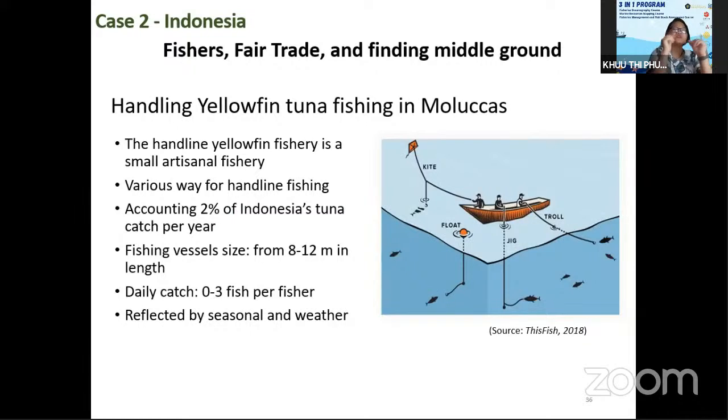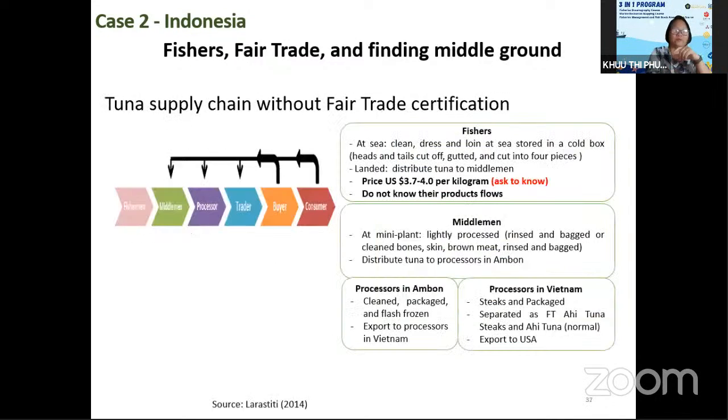Fishing vessels are 8 to 12 meters in length, with a daily catch of zero to 3 fish per fisher per day, affected by season and weather, because it's very small scale.